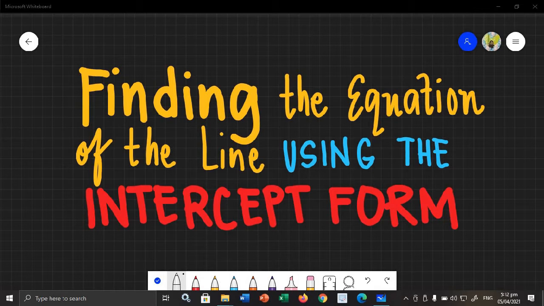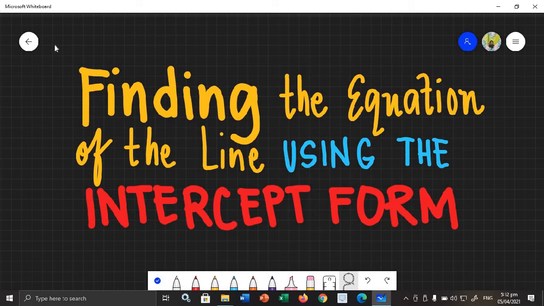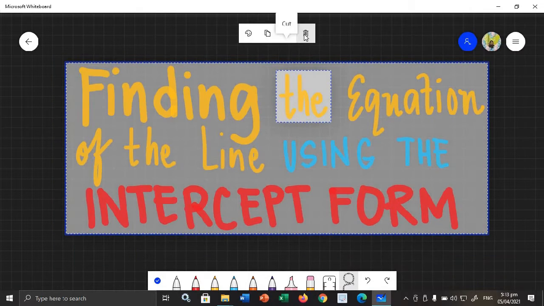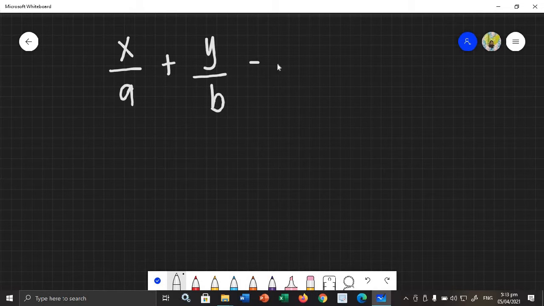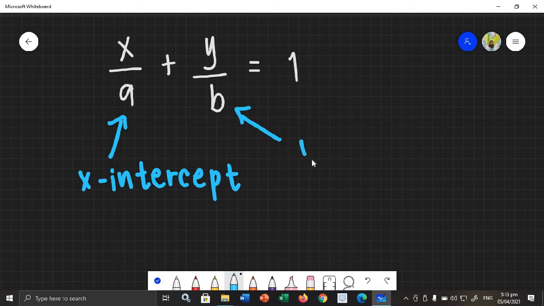Those are the steps in finding the equation of the line using the intercept form. Before we solve problems regarding this lesson, what exactly is the intercept form? It is an equation in the form x over a plus y over b equals 1, wherein a is your x-intercept, b is your y-intercept, and 1 is a constant, it cannot be changed.